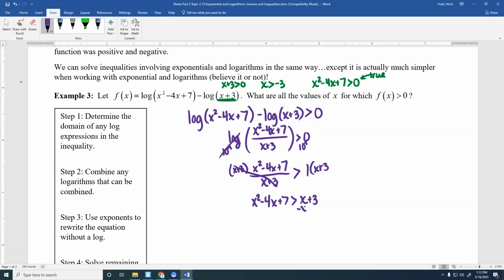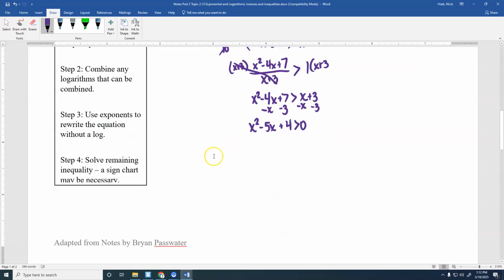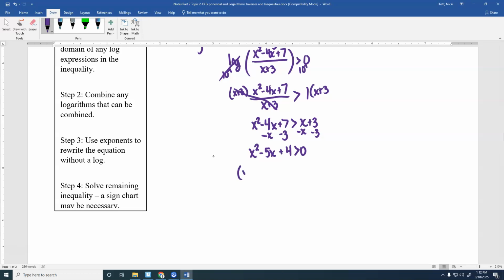So I'm going to subtract this x, and I'm going to subtract that 3, and I will get x squared minus 5x plus 4 is greater than 0. And this will factor. So I can do x minus 4 times x minus 1 is greater than 0.